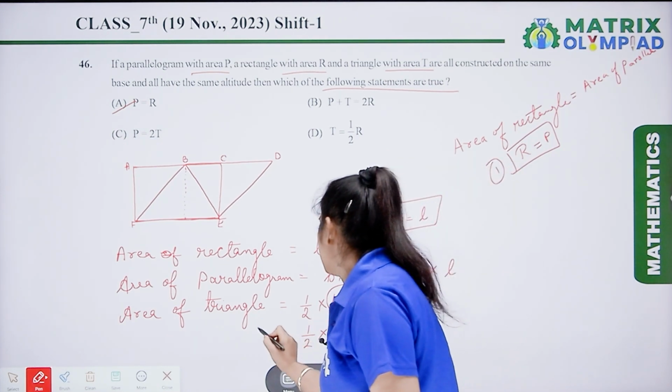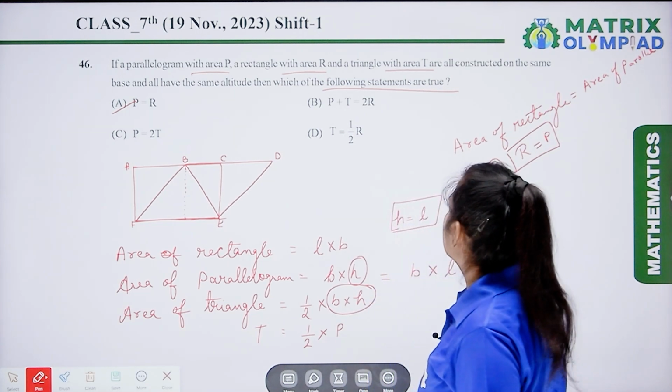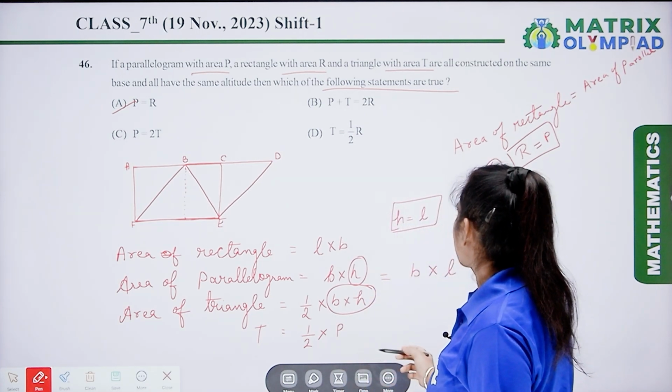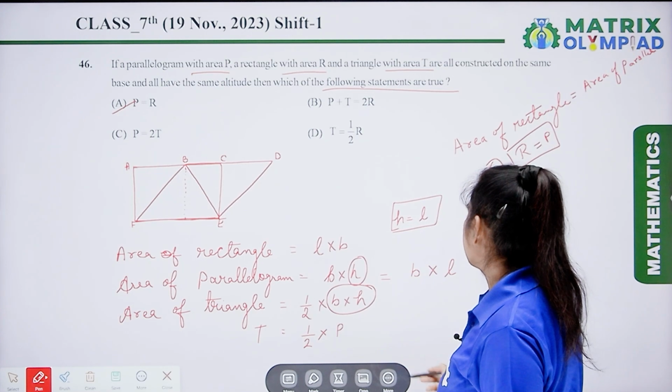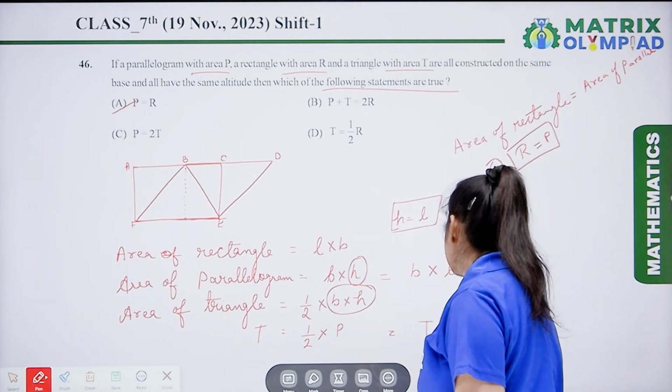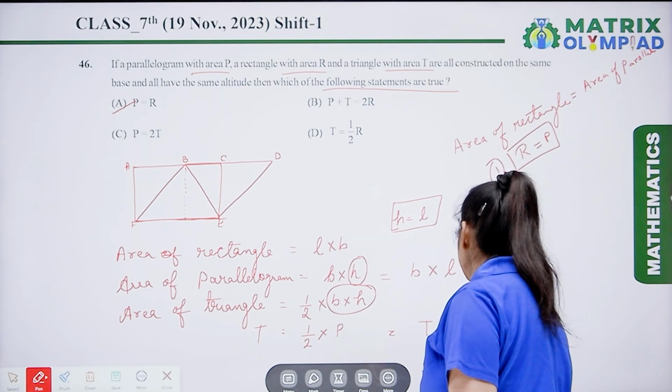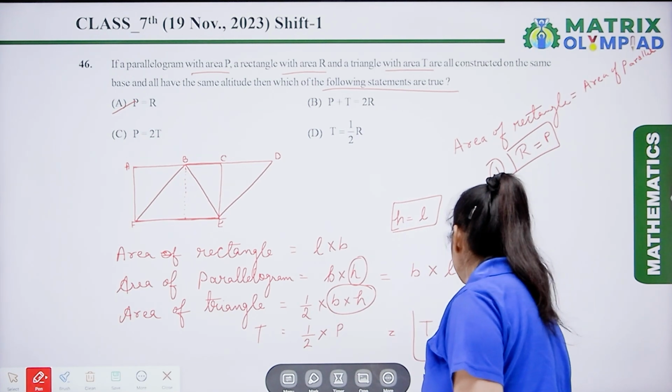So, the area of the triangle, T, is equal to 1 by 2 multiplied by P. That is T equal to P upon 2.